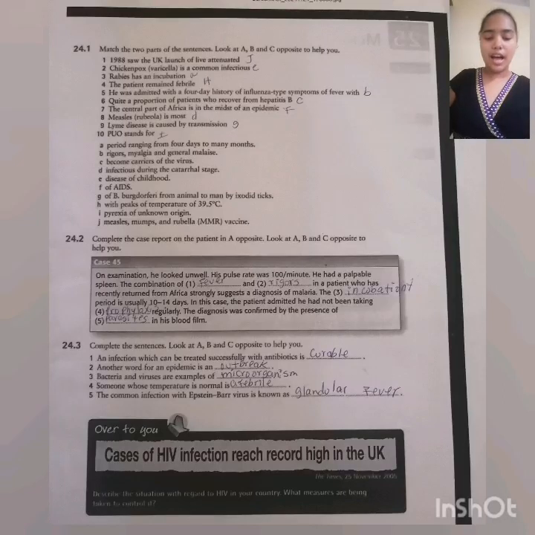He was admitted with a 4-day history of influenza, tired syndrome of fever with. This is B. Rigor, myalgia, and general malaise. 6. Quite a proportion of patients who recover from hepatitis B, C, become carried of the virus.